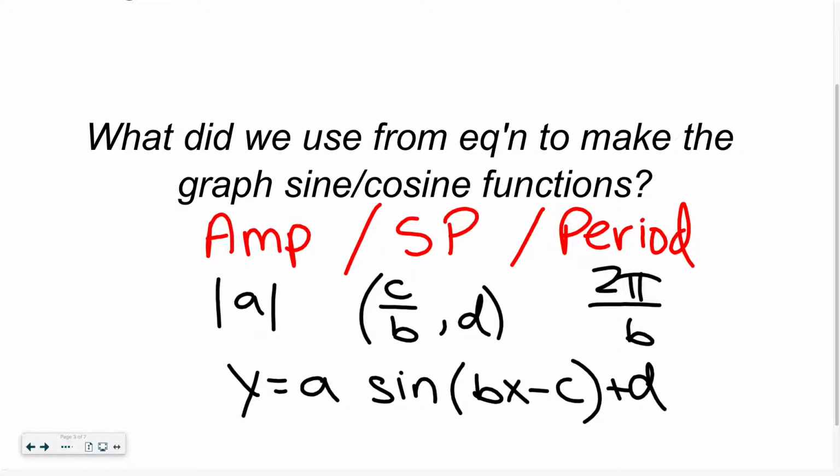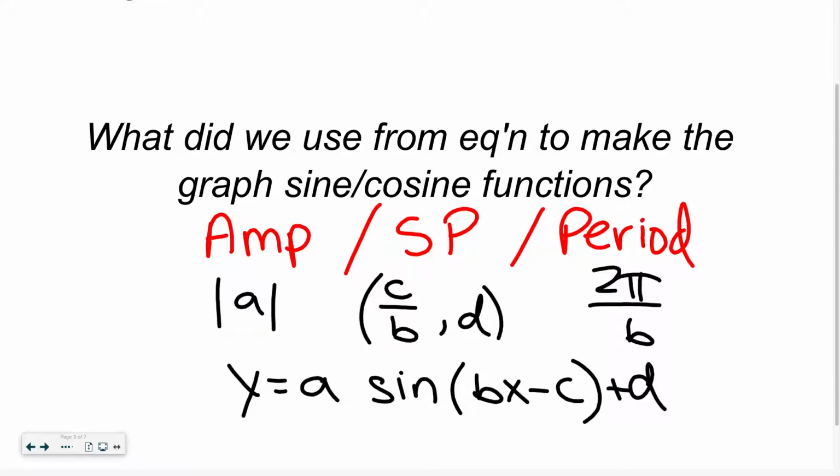Now, I will put out one warning here at the very beginning, and it'll be like our second example that we experience this. You have to be careful with C over B if there's horizontal shifting at play. And I'll talk about that in the example, but in order to use your starting point, you actually can't find C or B if you don't know either one, because you have 2 unknowns equal to something and you don't know what either unknown is.